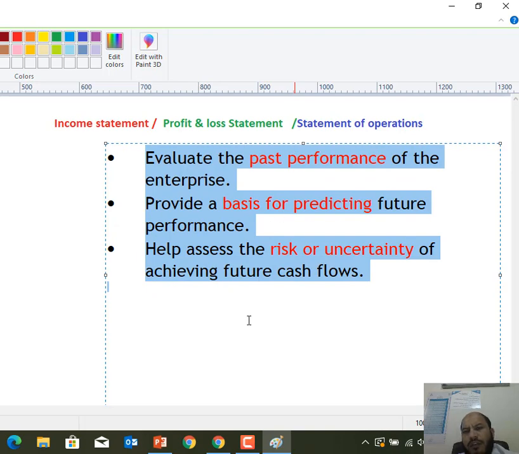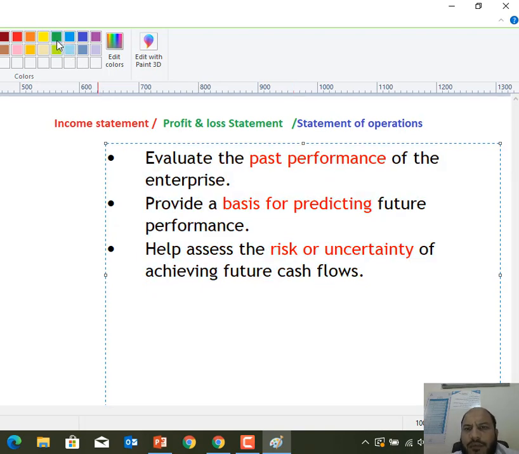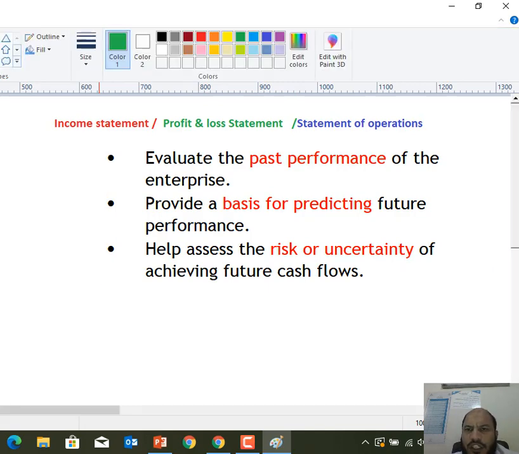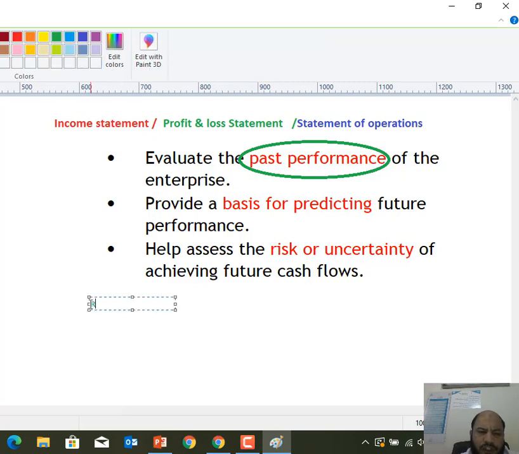First of all, the income statement will help us to understand about the past performance of a company. How can you understand the past performance of a company? See, we have discussed what revenue we have in our company, and what expenses we have in our company.